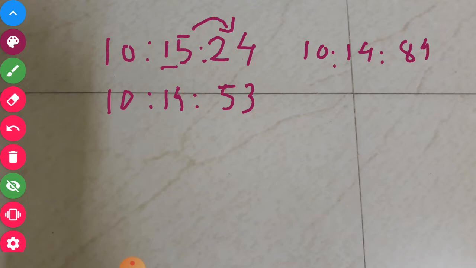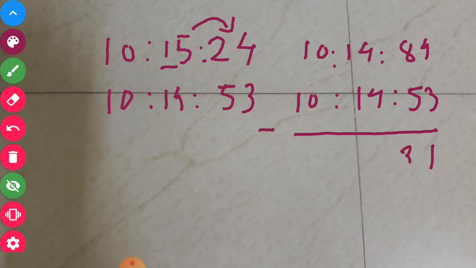Here the other one becomes 10, 14 and 53. Now the subtraction becomes easy. Okay, so the range is 31 seconds. This all becomes 0.